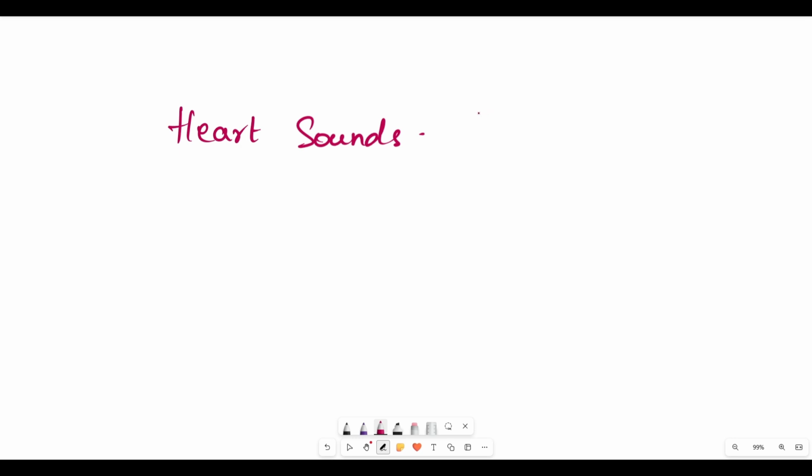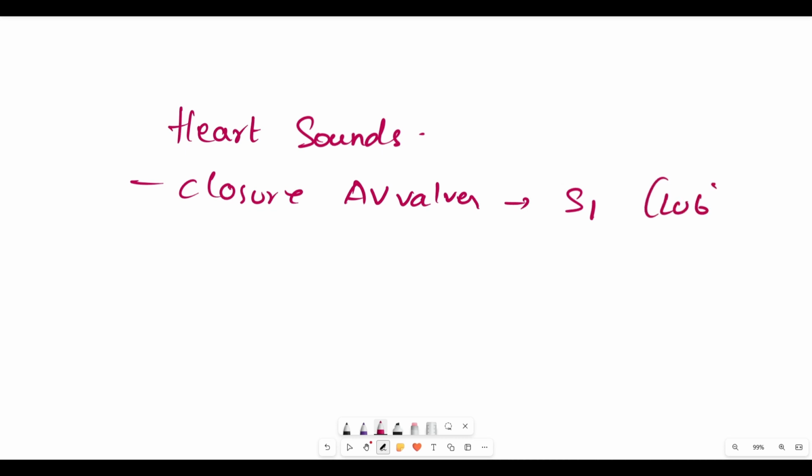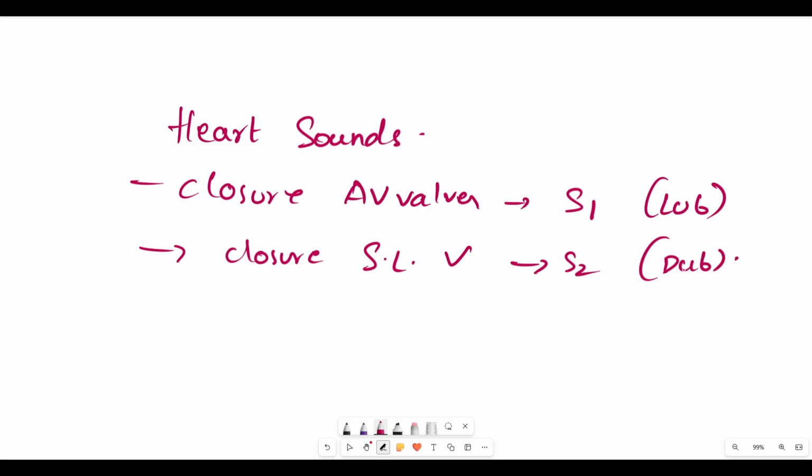So when do we hear the heart sounds? First, whenever there is closure of the AV valves, we hear the first sound lub, which is S1. And whenever there is closure of the semilunar valves, the S2 dub sound is heard. To conclude, heart valves are essential structures that maintain the blood flow through the heart.